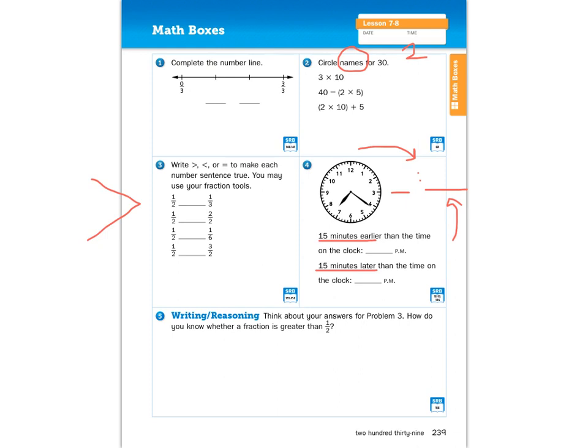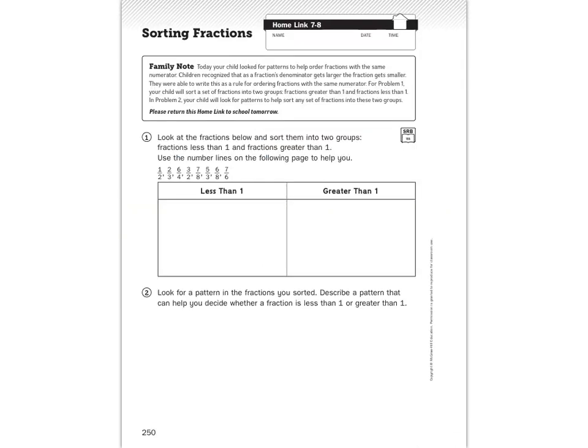All right, for homework today, it is a double-sided page. We're really just going to be focusing on the front side, but the back side will also be helpful. So go ahead and grab your home link 7-8, and we're going to go over that together. It says, look at the fractions below and sort them into two groups, fractions less than 1 and fractions greater than 1.